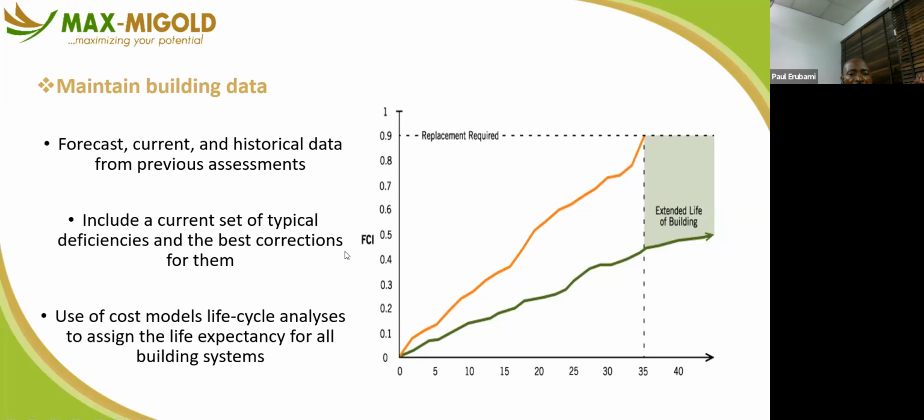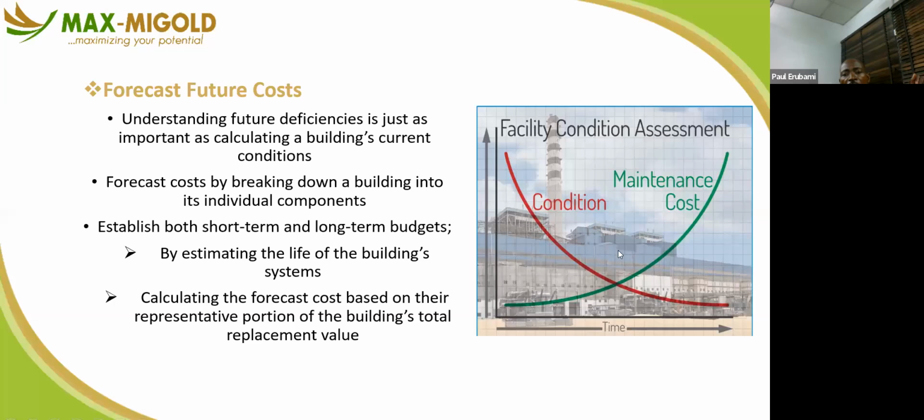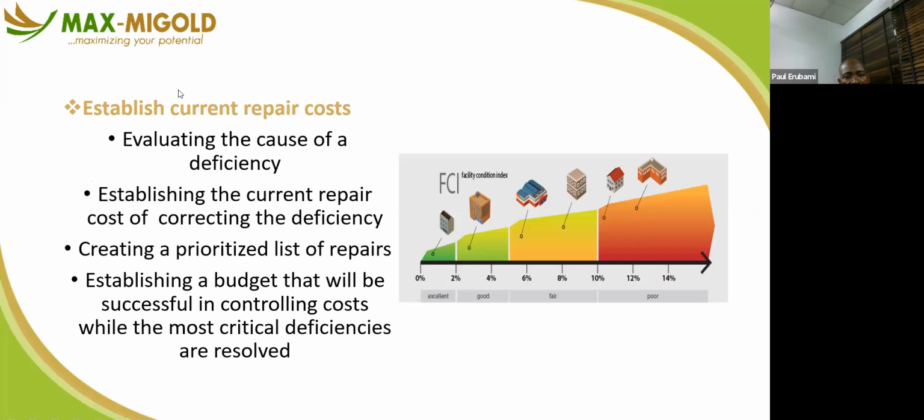Then it also helps you to maintain data. Let me show this graph. If you look at this graph, which is facility condition assessment, or let me take us back a bit. At the established current repair condition, you see this table. That is the facility condition index. And how do you determine your facility condition index?